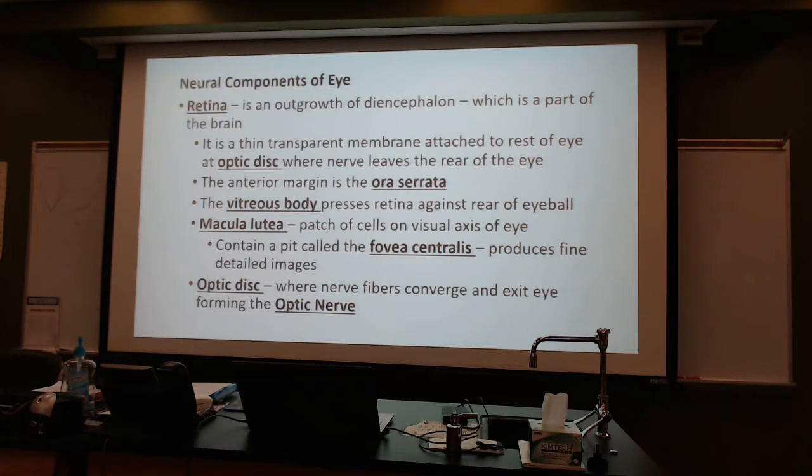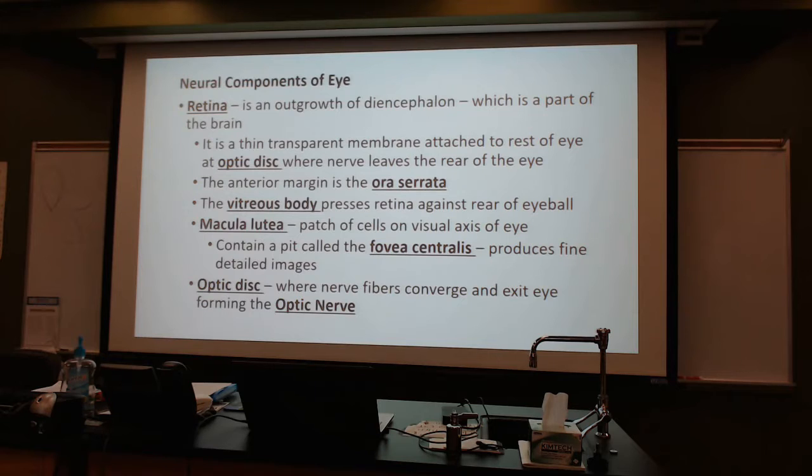Is that gel transplantable? Not that I know of. I've never heard of that. But is the gel, that vitreous body, transplantable? Not that I know of. So, to have that ray of light come in and hit the retina.